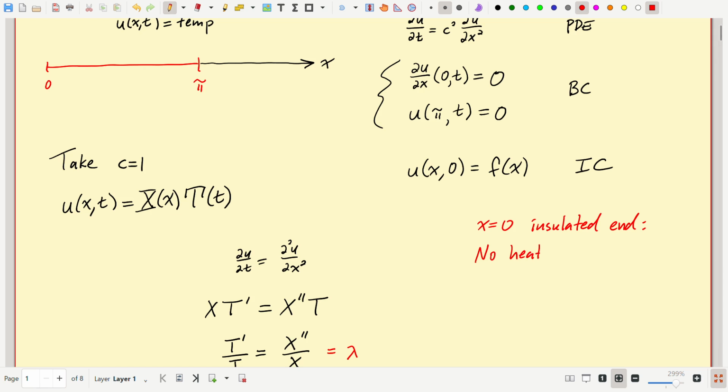And remember, Kelvin's law said that heat flow is proportional to the temperature gradient. And there's a negative constant involved.